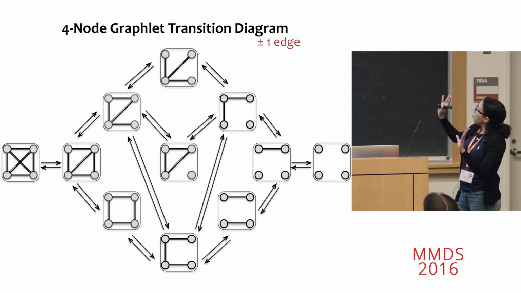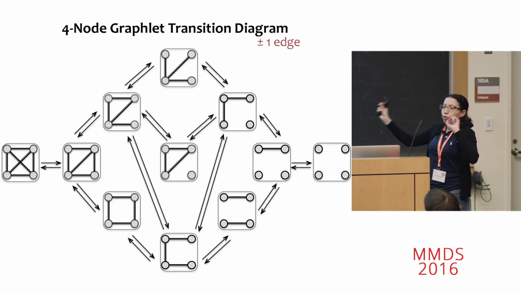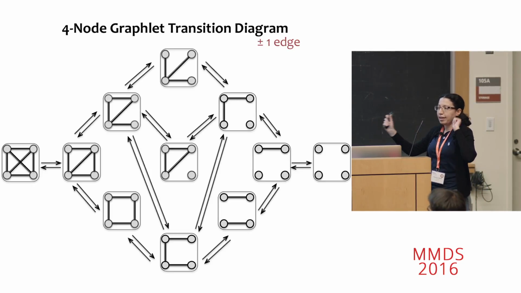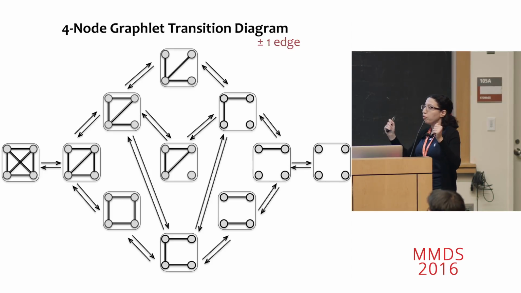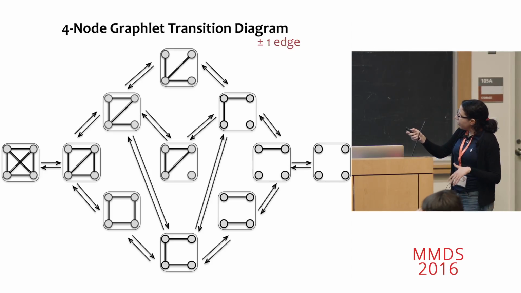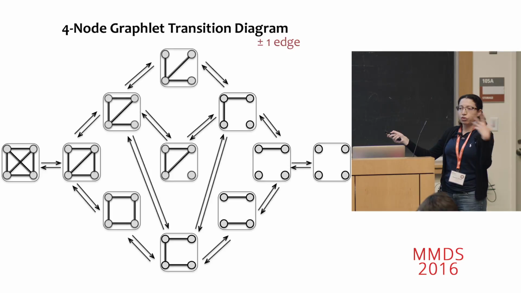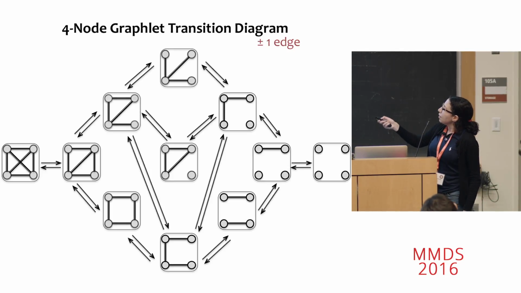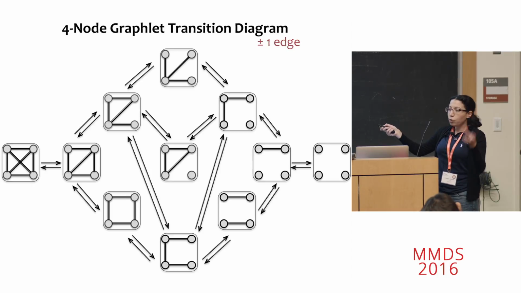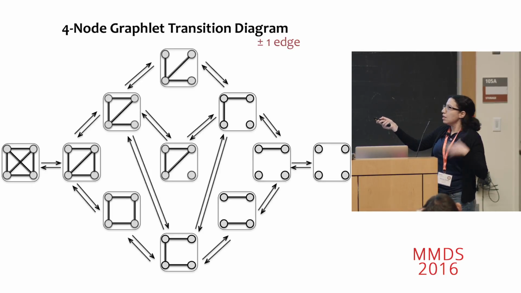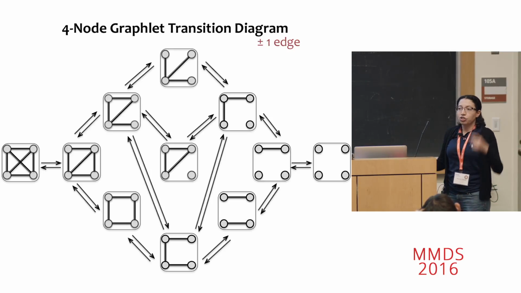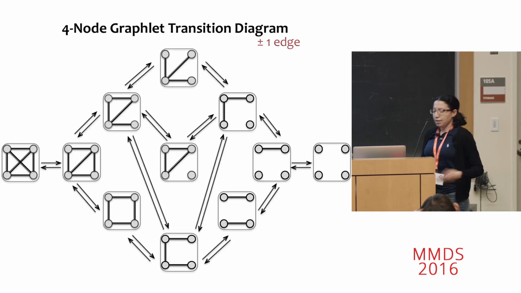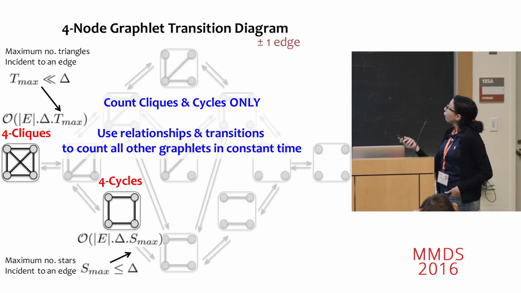That type of model, where you could move by just 1 edge addition or removal, clearly shows that there are pairwise relationships among the graphlets. And so if you can model those mathematically or have an equation that captures the relationship between those pairwise graphlets, then you will be able to count 1 and get the other for free. So that's basically the idea.